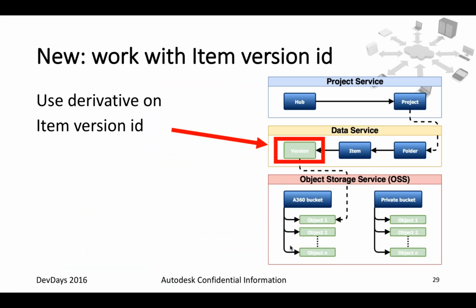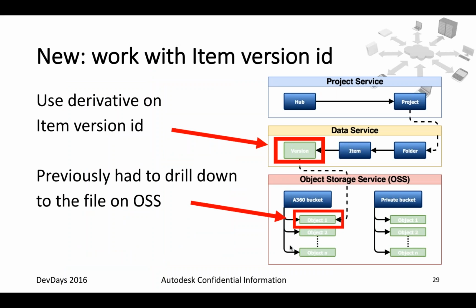This slide is there to mention that in the past, the only way to pass data to the derivative service was to use the objects in the private buckets. Now we have an enhancement that lets you access the version directly. Every time the user uploads a design file to A360, there is a service worker on A360 that will automatically translate this design file and generate viewables.